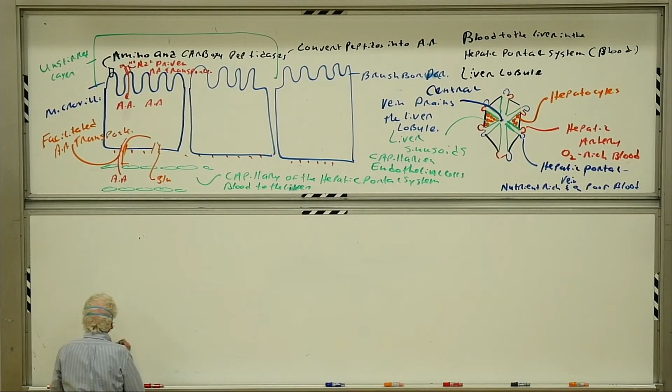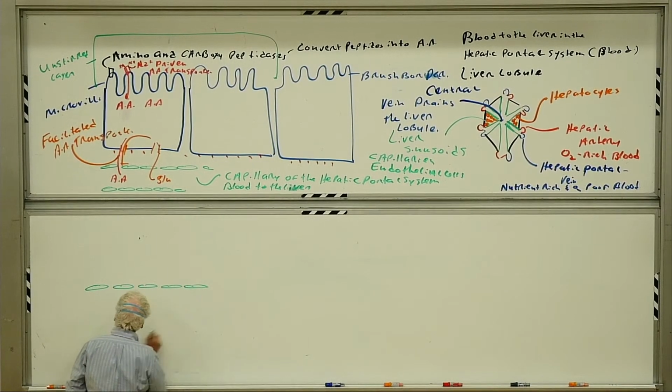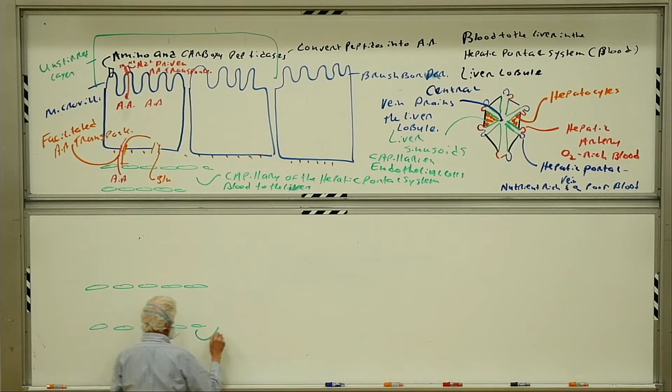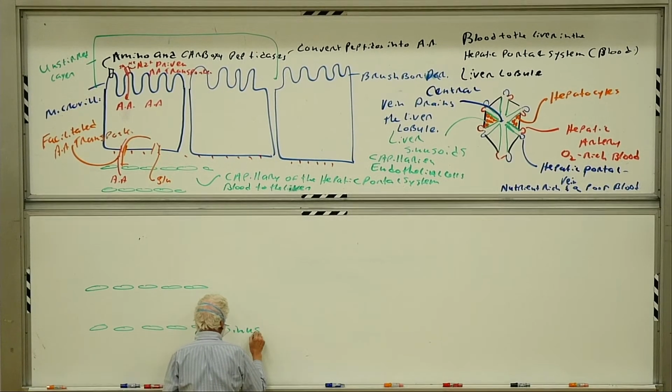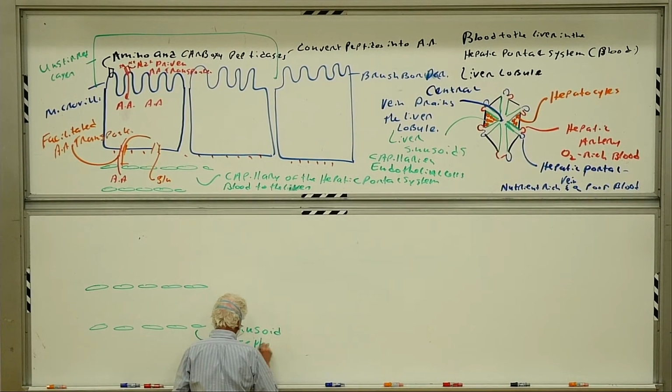So we use our sort of typical shorthand here. These ovals are meant to be the endothelial cells. Label this as sinusoid endothelial cells.